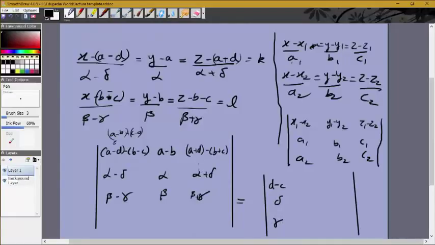Similarly, in this point you subtract the second from the first, you have D minus C again, delta, gamma, and whatever you have in the middle, A minus B, alpha, beta.